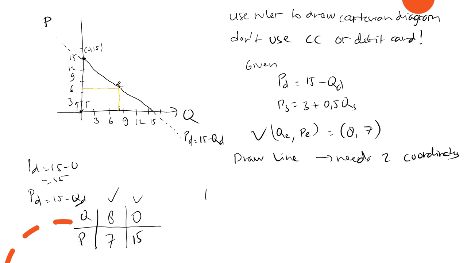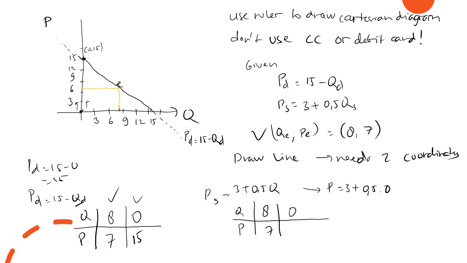And then PS is 3 plus half QS. Again, I will put the Q and P over here. The equilibrium is also located at PS, correct? Because PD equals PS at the equilibrium here. And now what is the best Q? 0 again, I think. So 3 plus half of 0 is 3. So that is 3.